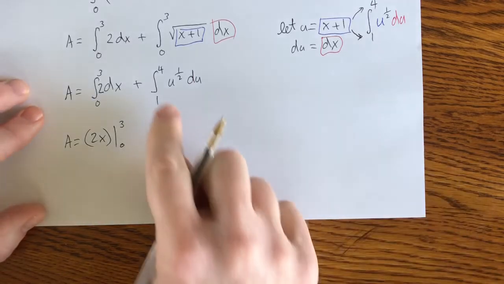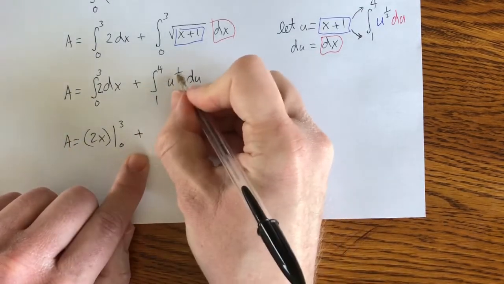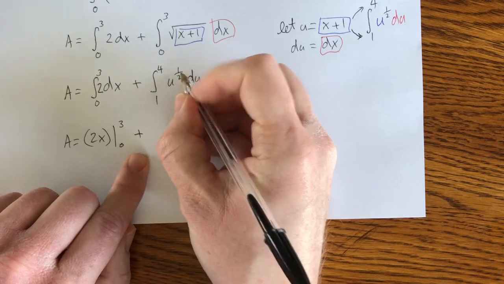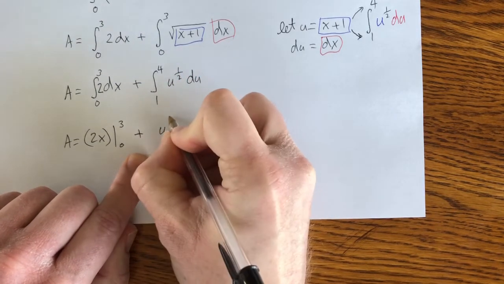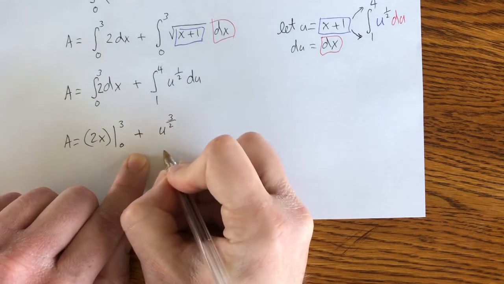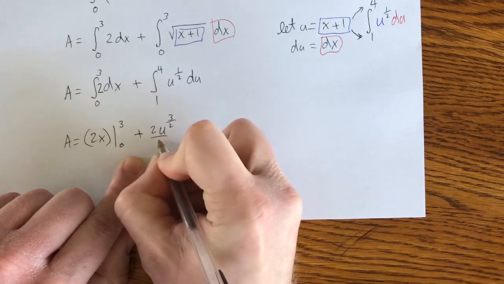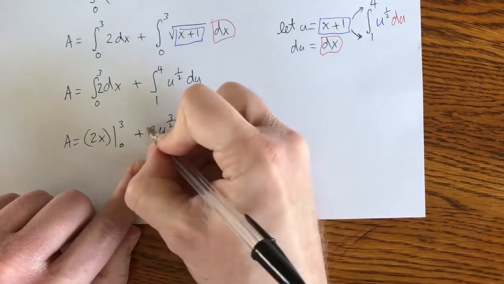All right, and now what about this one? We're going to add what? Well, the integral of u to the 1/2 is u to the 3/2, and then we're really dividing by 3/2. But again, folks, when you divide by 3/2, it's the same as multiplying by 2/3.